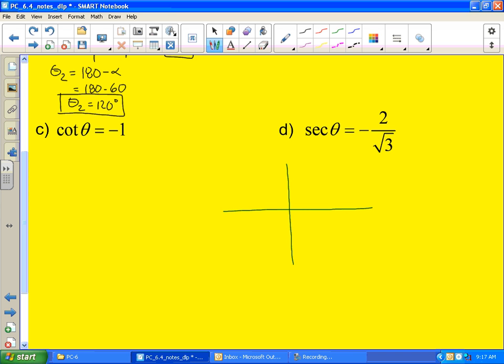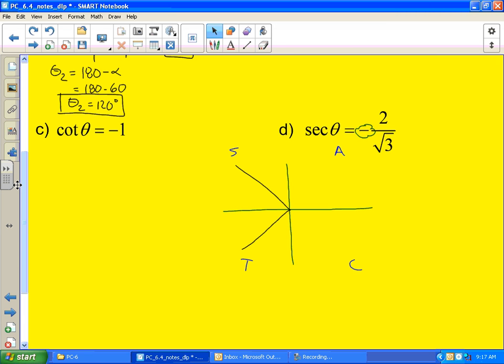Cosine, in this case, of negative values. According to All Students Take Calculus, this is going to happen in quadrants 2 and 3. So we now have an idea of our triangles.